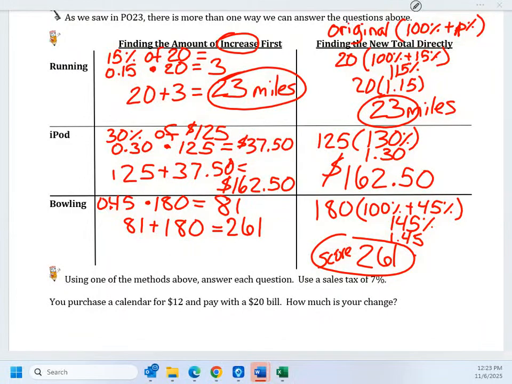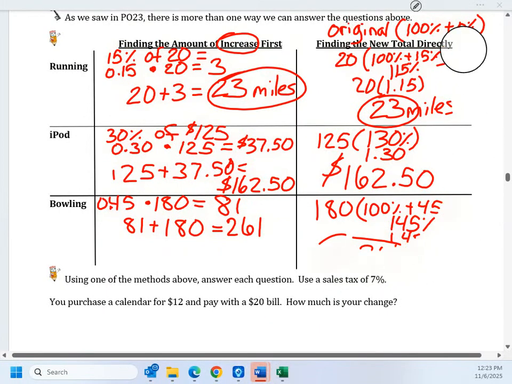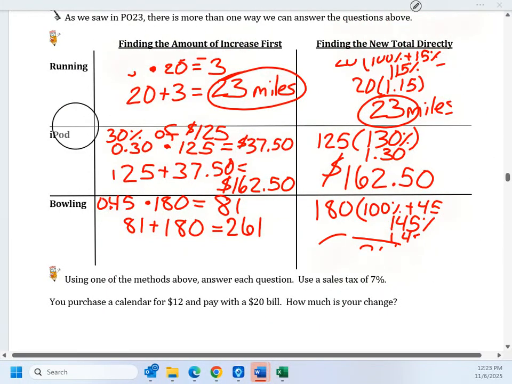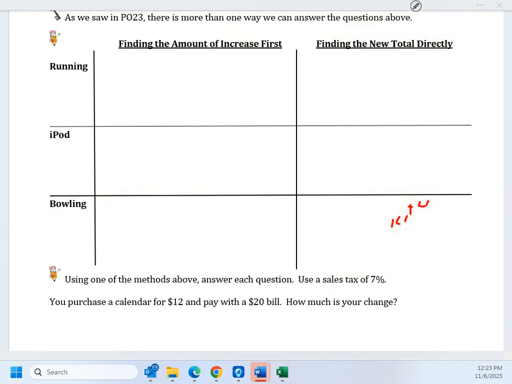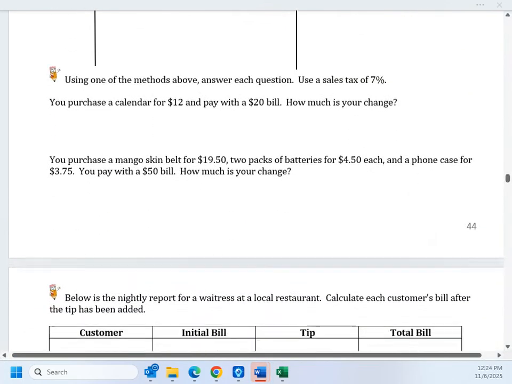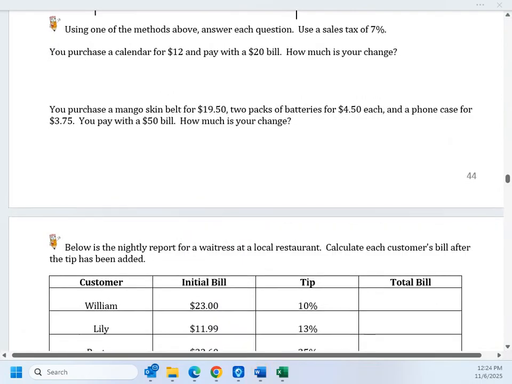Now it says underneath that, we're going to use one of these methods to answer the questions using a sales tax of 7%. So if it asks you to include sales tax, sales tax is 7%. This is a big deal, because when we go to the store, unless it's food or clothing, you get charged sales tax, right?